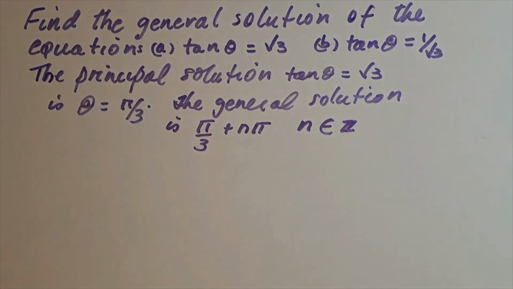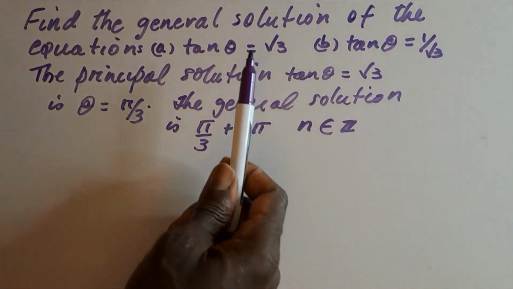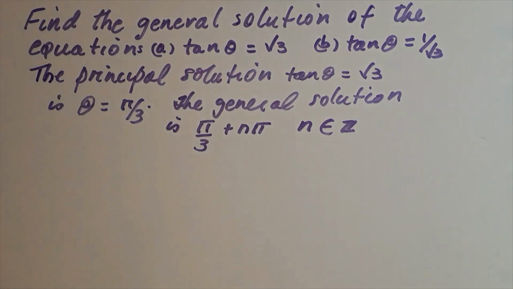I urge you to substitute values of n and to confirm for yourself whether this infinite set of angles satisfy the equation tan theta is equal to root 3. Always check your work. It's a very useful thing to do, especially in mathematics.